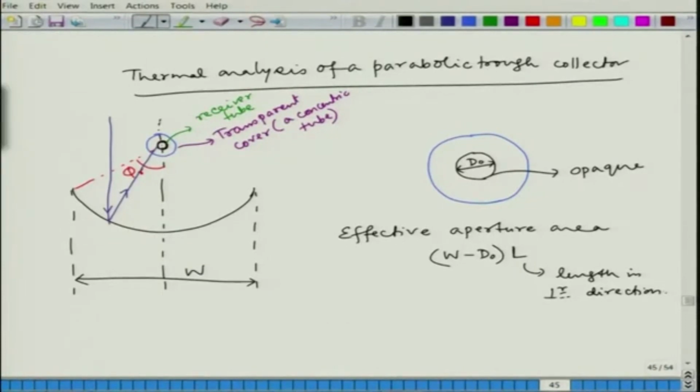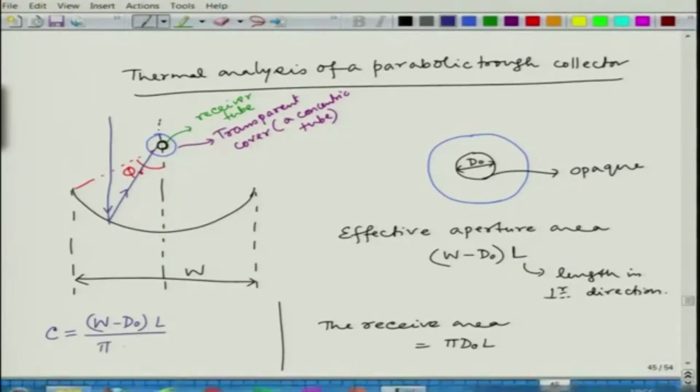Okay. And the receiver area is what? That is pi into d naught into L, right. Pi d naught is the circumference of this receiver tube, and you multiply that with L in the perpendicular direction. Okay. So, the first thing for any optical concentrating geometry is the concentration ratio, that is nothing but this effective aperture area A_A divided by the receiver area pi d naught L, that we have seen.